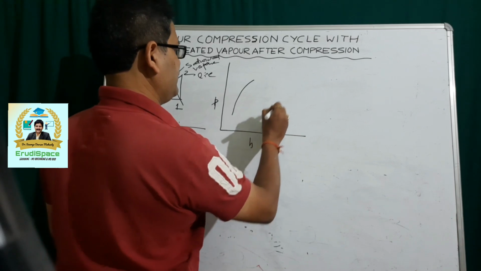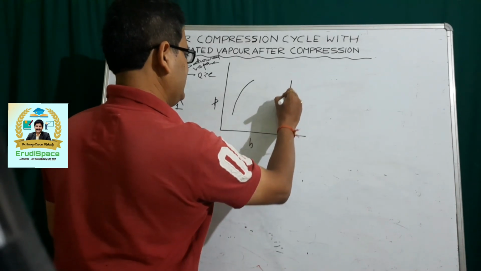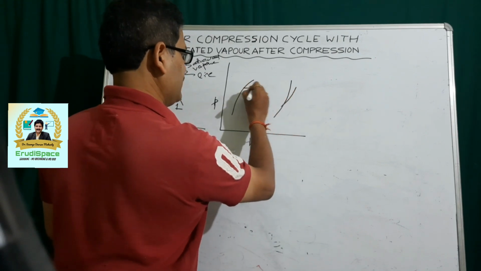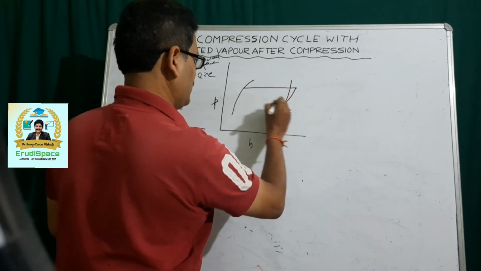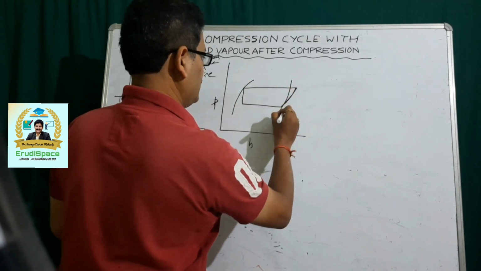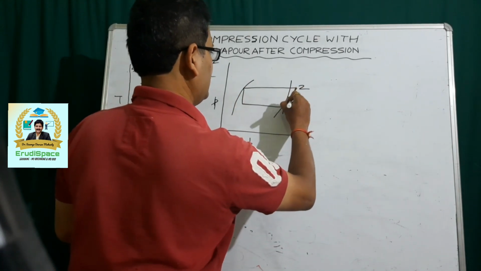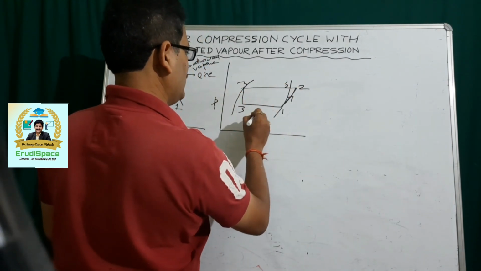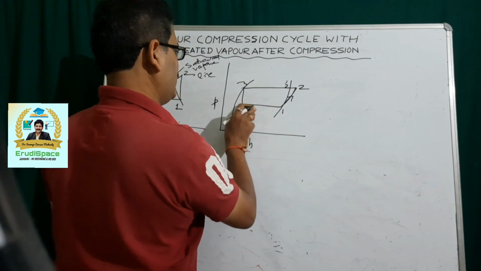This is the saturated liquid line, this is the saturated vapor line. The processes are 1-2, 2-3, 3-4 and 4-1.